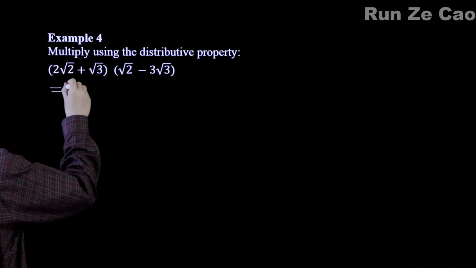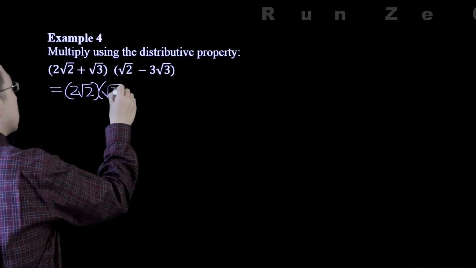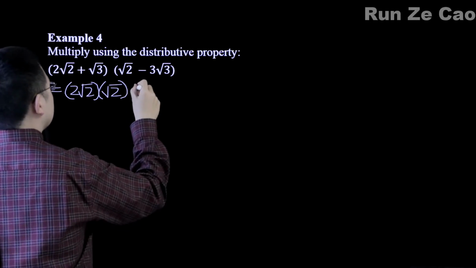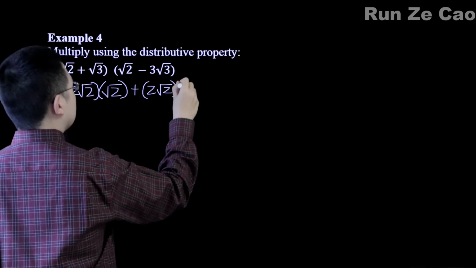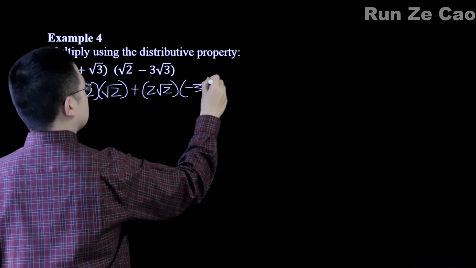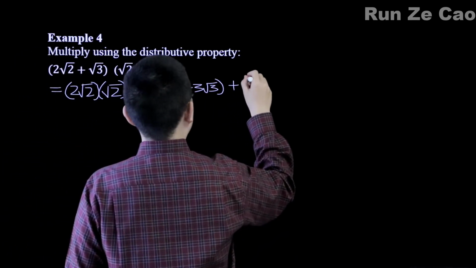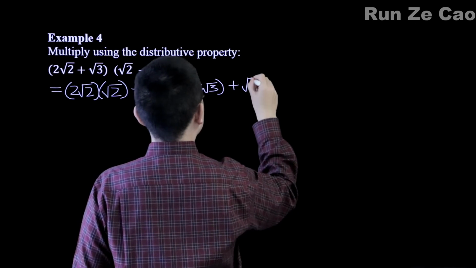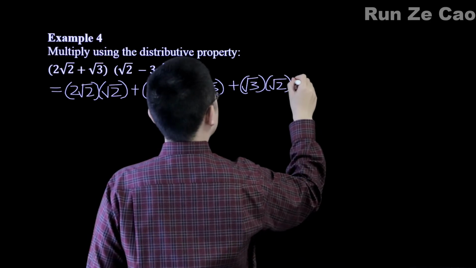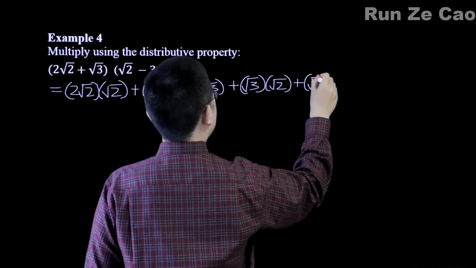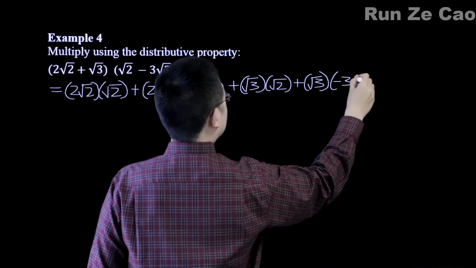Thus, this is equal to 2 root 2 times root 2 plus 2 root 2 times negative 3 root 3 plus root 3 times root 2 plus root 3 times negative 3 root 3.